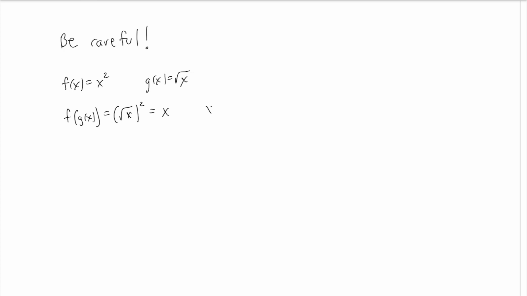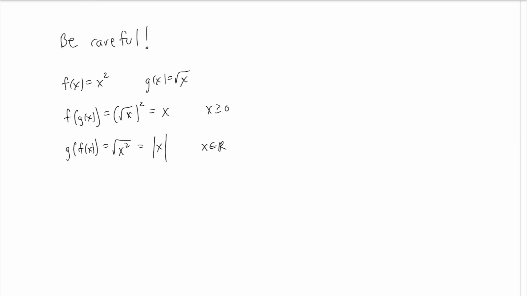Keep in mind that x is greater than or equal to 0 for that whole thing, because I started with the square root of x, and x can't be negative. If I reverse it, I get square root of x squared, which is the absolute value of x. And since I'm starting with x squared, x can be any real number.